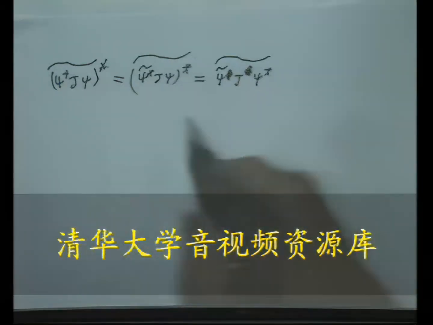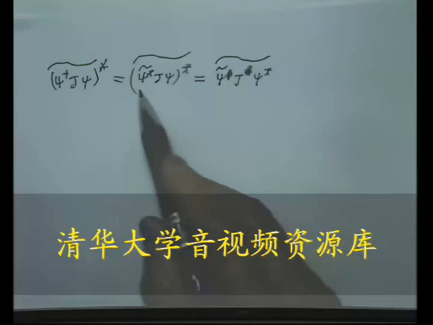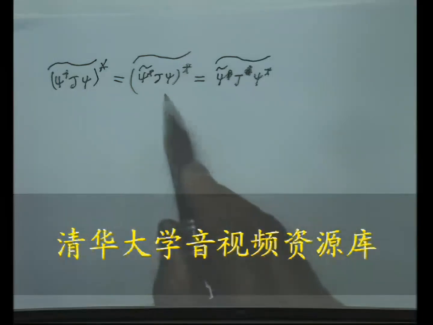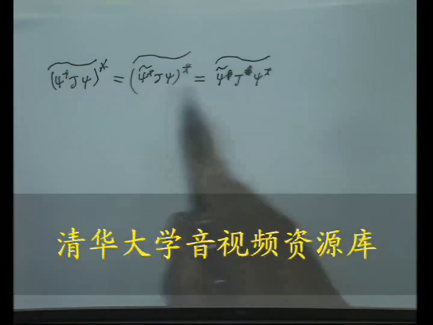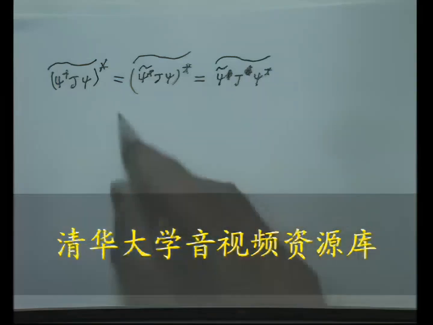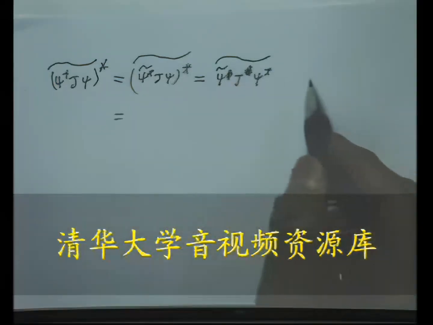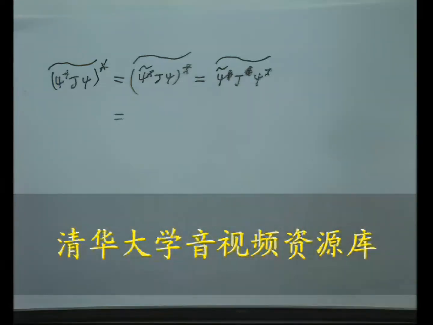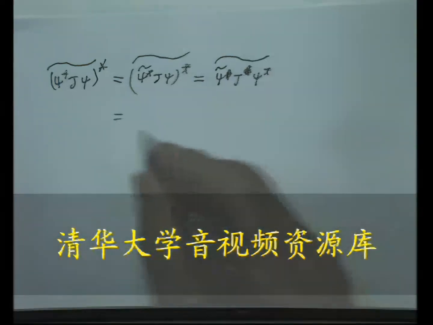Do you agree? Tilde is not changed. Psi star tilde starred, I just get psi tilde. J is real, so it's still J. This psi becomes psi star. But if I do this, the rule for the tilde is to tilde everyone and reverse the order, so I get psi.